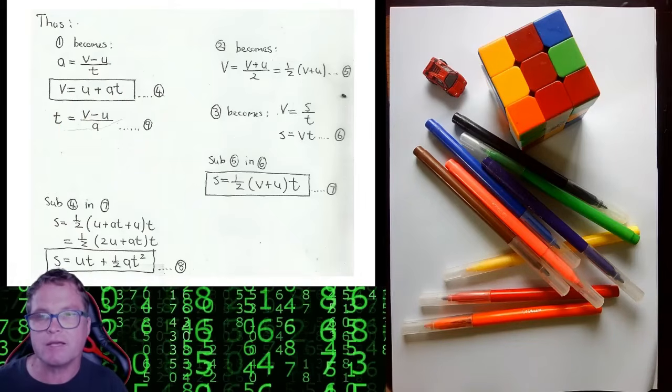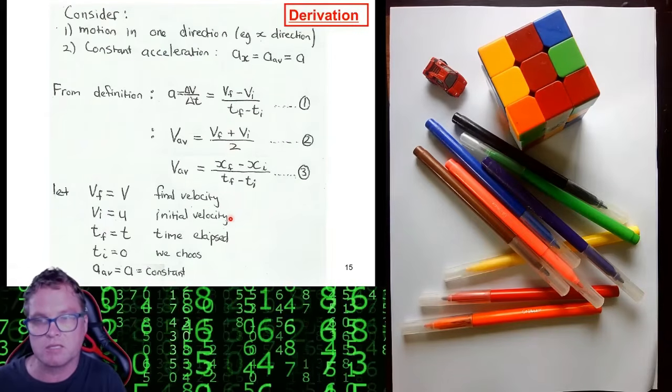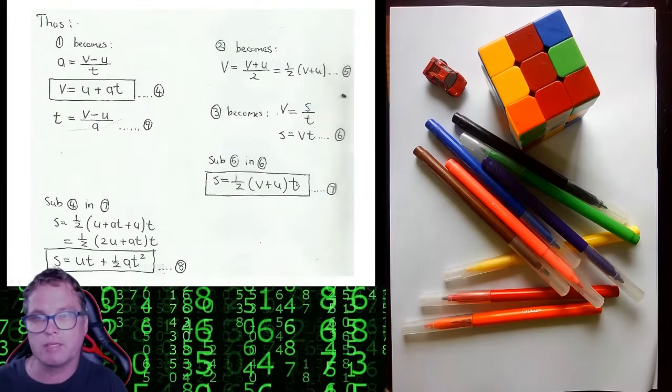To find the second equation, we start with the definition that the average v is half of v plus u. And we also note that by making use of this notation, we can rewrite 3 in terms of this equation here.